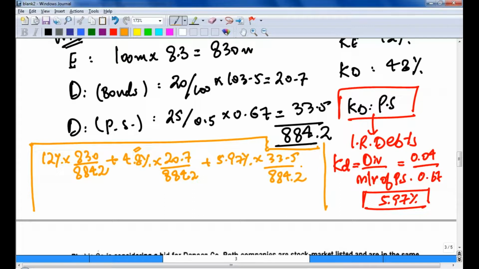Now calculate. The WACC has become 11.6%.